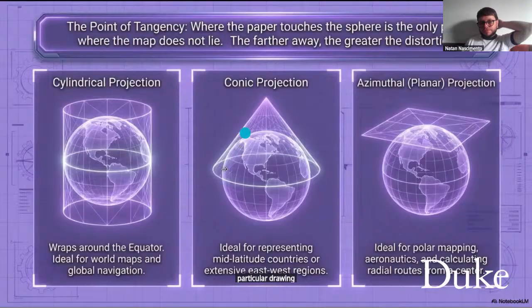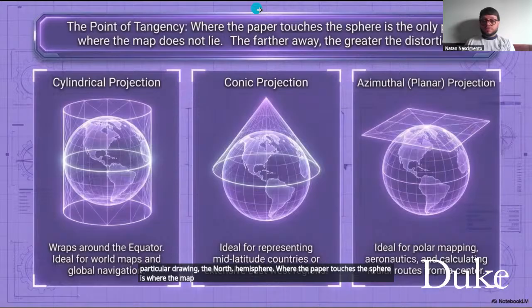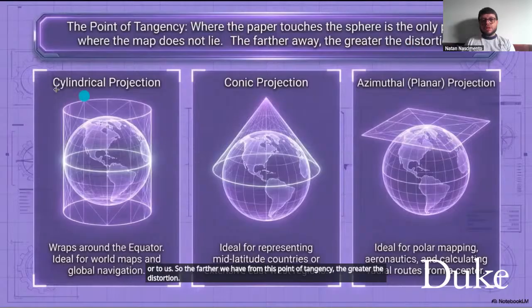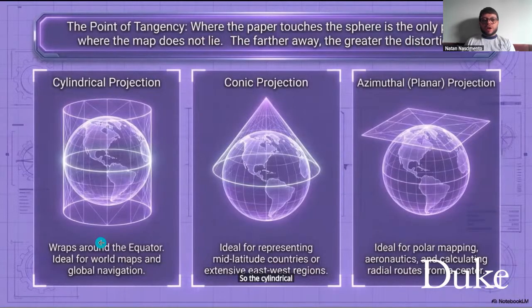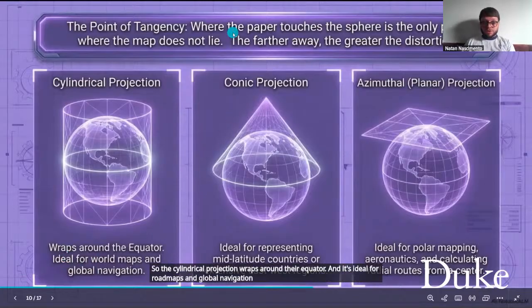So where the paper touches the sphere is where the map will not lie to you or to us. So the farther we are from this point of tangency, the greater the distortion. So the cylindrical projection wraps around the equator, and it's ideal for world maps and global navigation. It's the easier one.